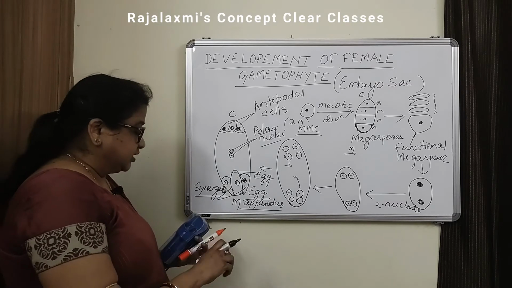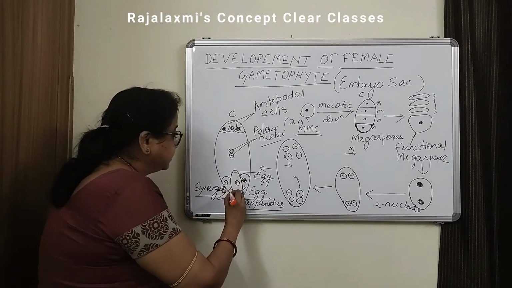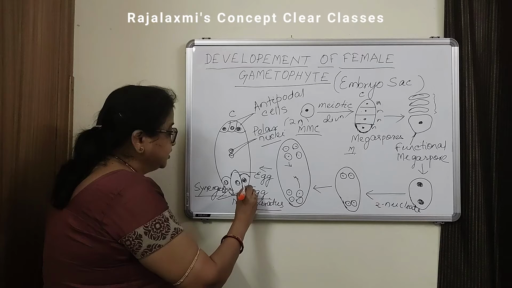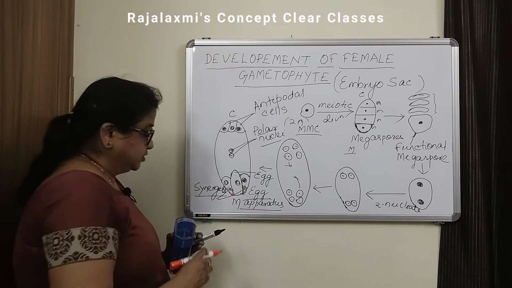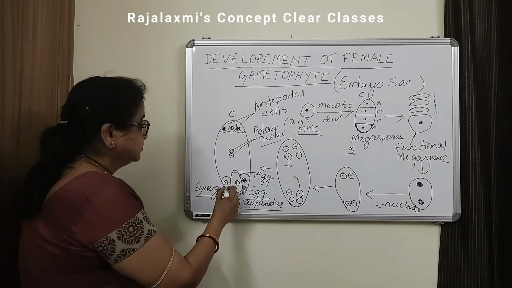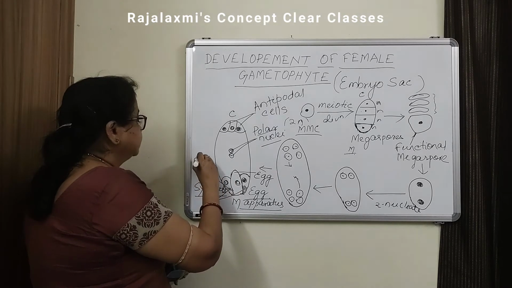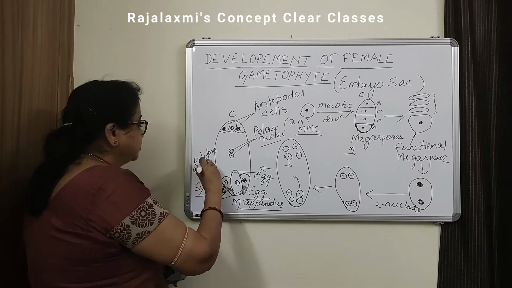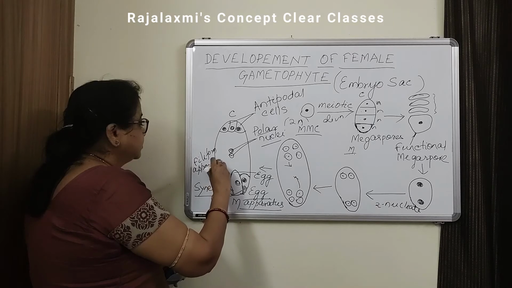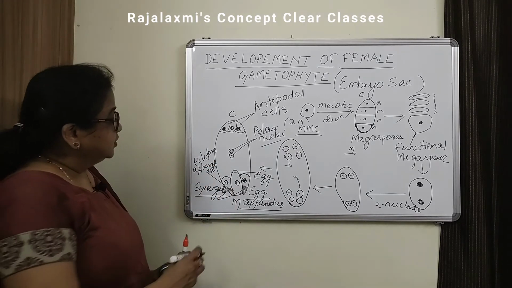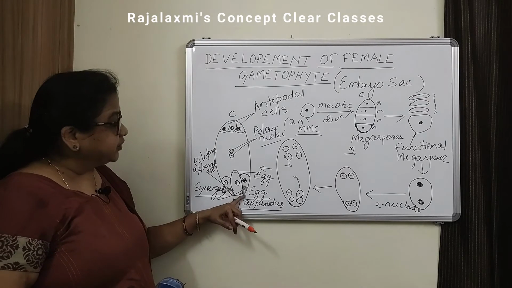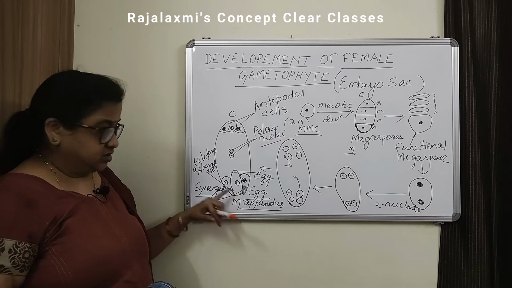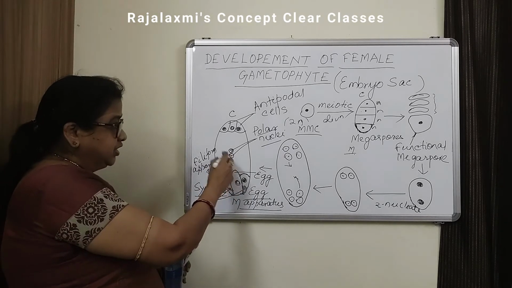On the synergids there are some cellular thickenings known as filiform apparatus. These filiform apparatus guide the entry of the pollen tube during fertilization.